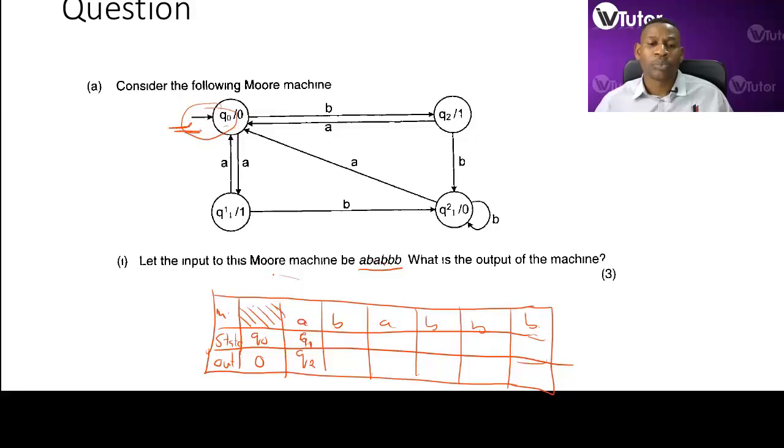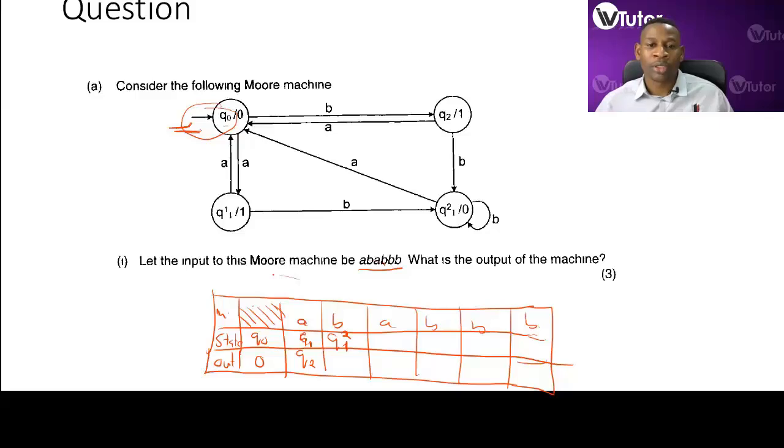When you move from Q1 with a B, you go to Q2. So this is Q1 with an A, and so you go to Q0.